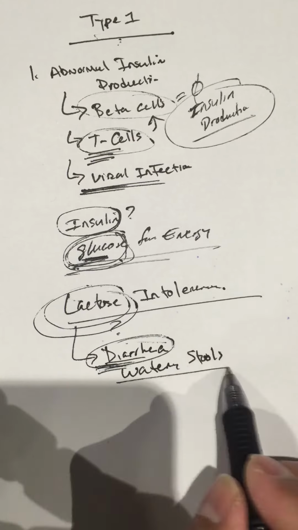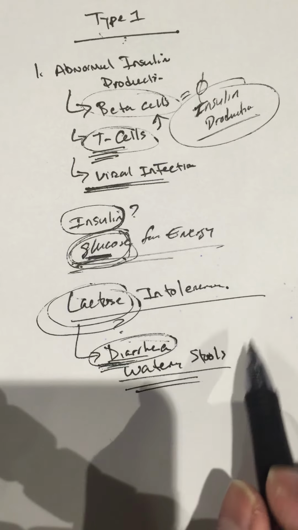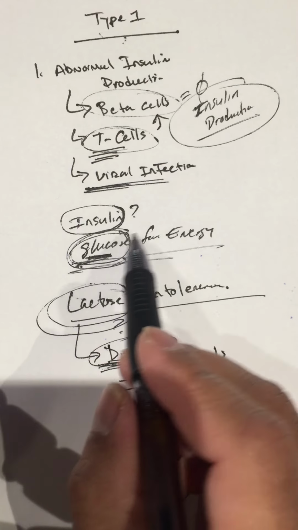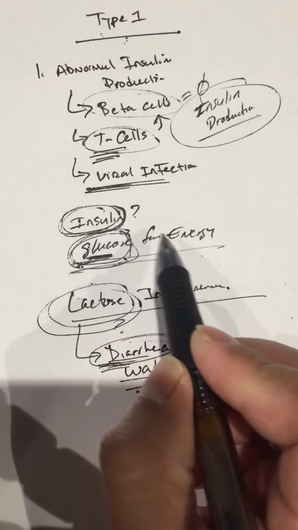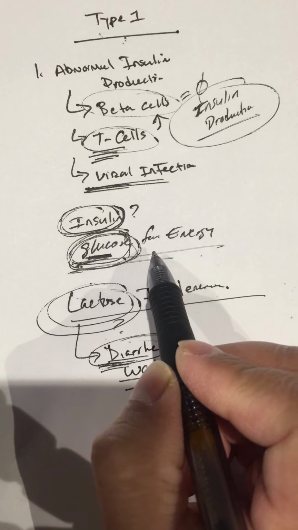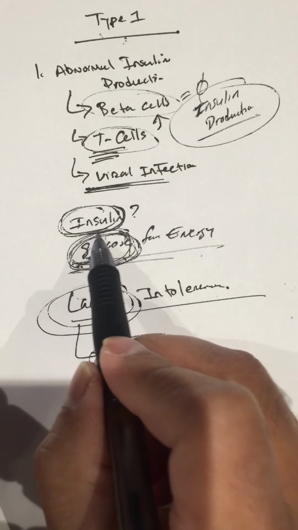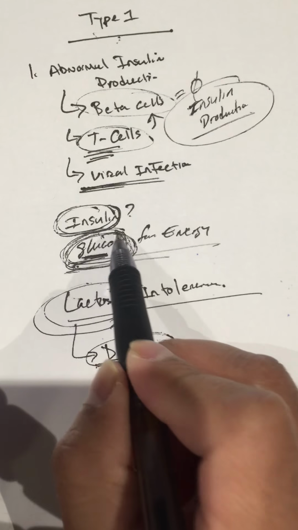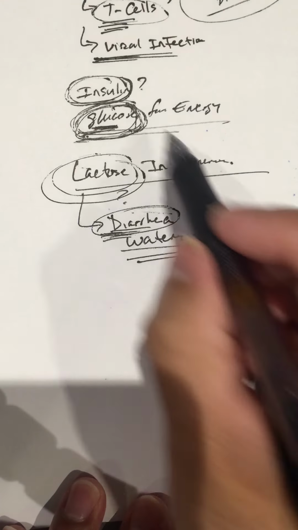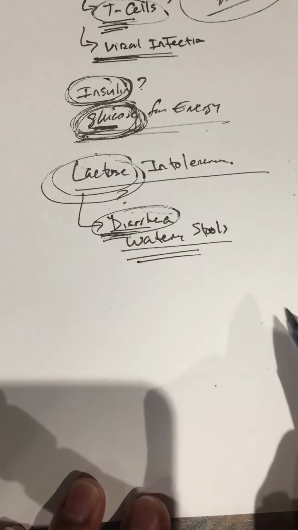Now, diabetes is a little bit similar to that, in that you must have insulin in order to use glucose. If you do not have the insulin, your body will not be able to use glucose, and more specifically, your kidneys will get rid of glucose.